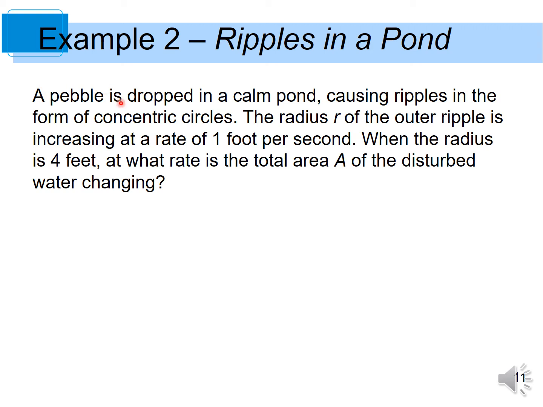A pebble is dropped in a pond, causing ripples in the form of concentric circles. The radius r of the outer ripple is increasing at a rate of 1 foot per second. When the radius is 4 feet, at what rate is the total area A of the disturbed water changing?